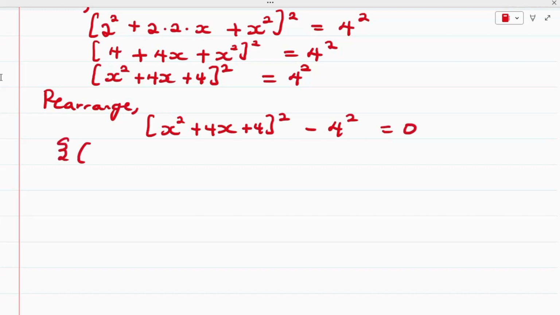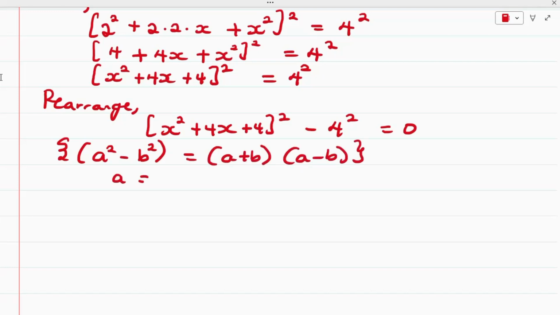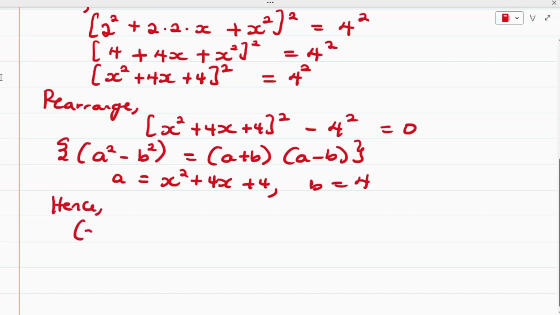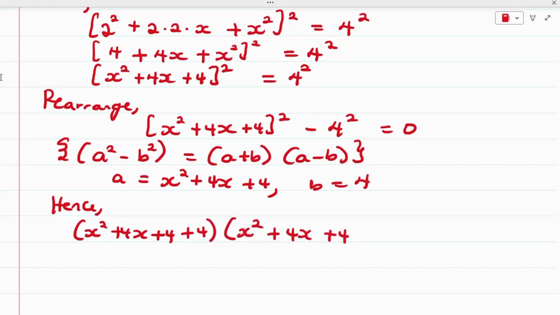But if we have a squared minus b squared, this is equal to (a plus b) multiplied by (a minus b), and from here we have that a is equal to x squared plus 4x plus 4 and b is equal to 4. So hence we have this to be (x squared plus 4x plus 4 plus 4) multiplied by (x squared plus 4x plus 4 minus 4), and this is equal to 0.